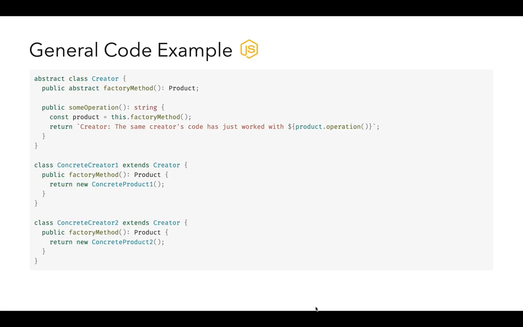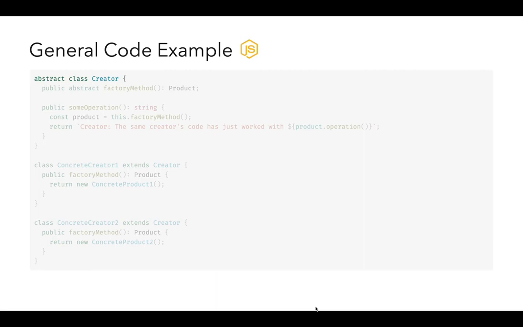Here is a general code example in JavaScript. We have the creator abstract class, which has the factory method that returns the product object, and some operations. Here we return a string telling that this is the creator, and the concrete creator one extends the creator class. It overrides the factory method.